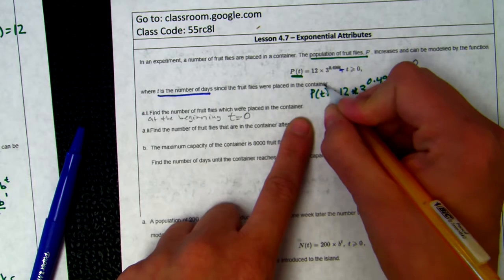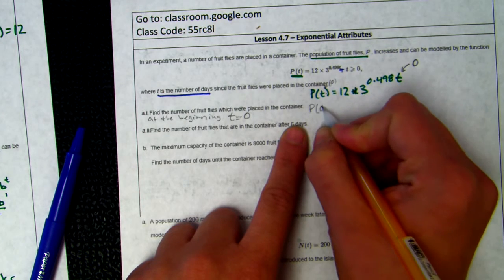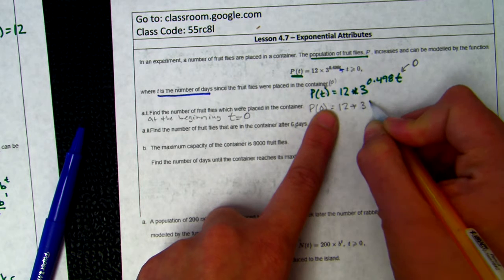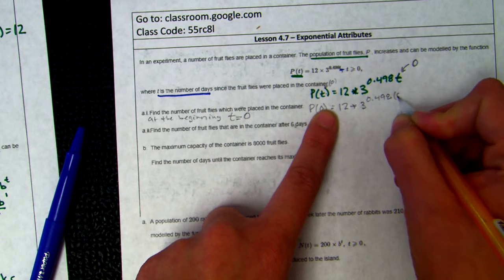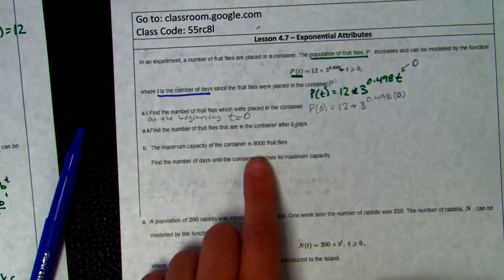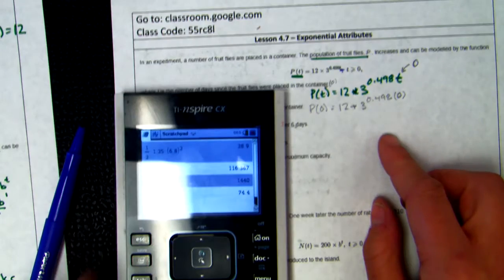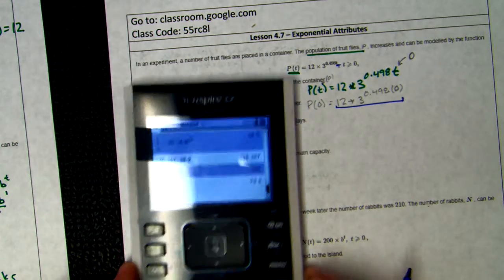I know P of T, so my population at time 0, is equal to 12 times 3 to the power of 0.498, and I said that I can plug in 0 for T. So that's exactly what I'm going to do on my calculator. I'm going to plug in this side of the equation exactly as I see it.